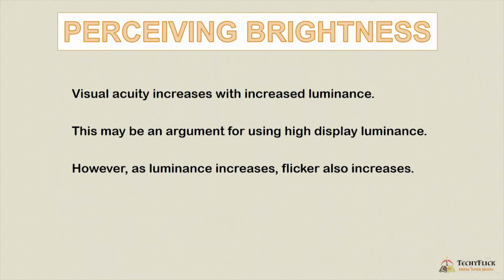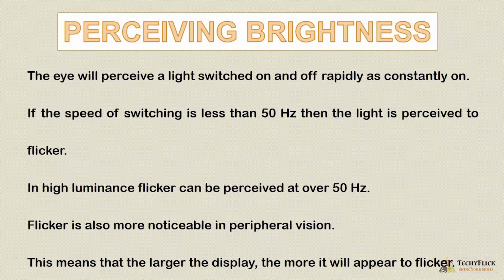Visual acuity increases with increased luminance. This may be an argument for using high display luminance. However, as luminance increases, flicker also increases. The eye will perceive a light switched on or off rapidly as constantly on.